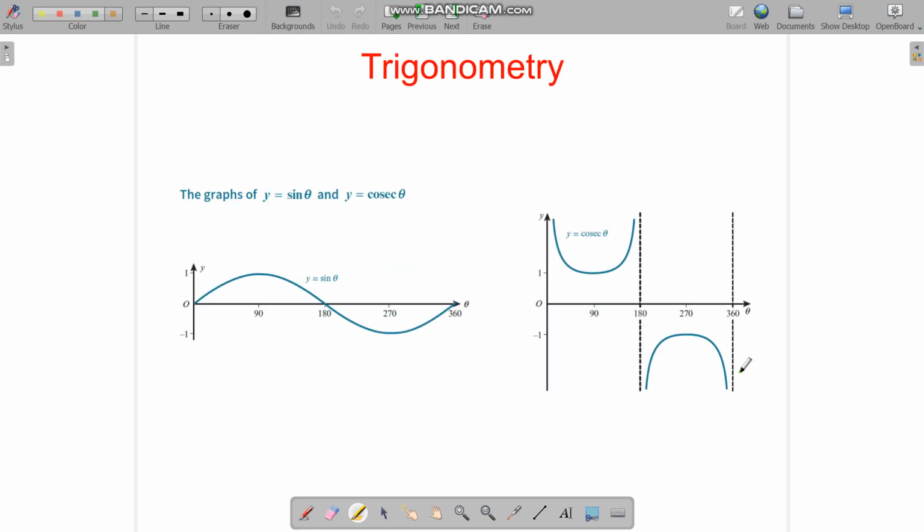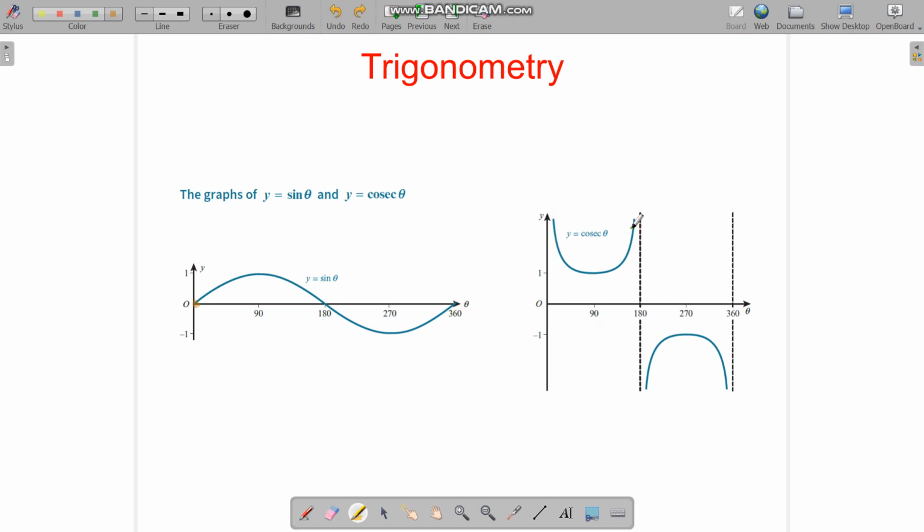The graphs of cosecant. Since cosecant is 1 over sine, this means we do 1 over for all the y values. So here when the y equals 0, we have 1 over 0, which is infinity. So that's why we have this asymptote.